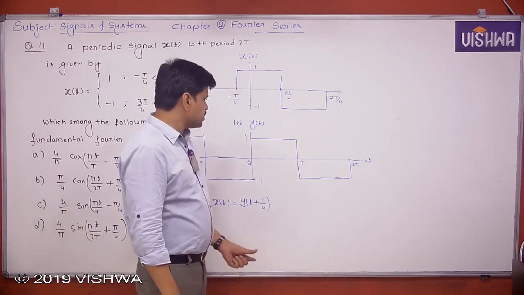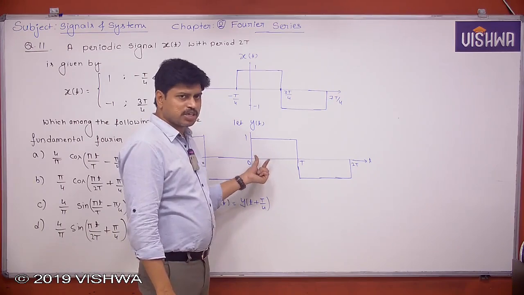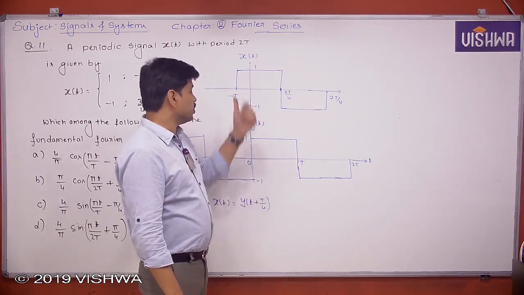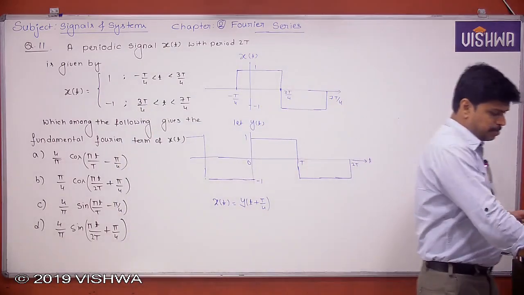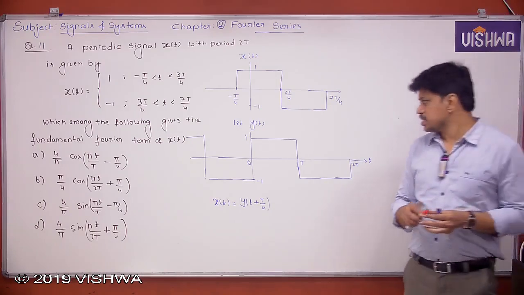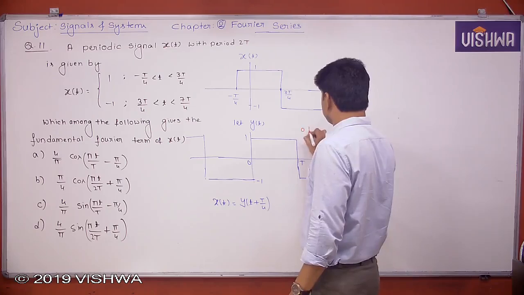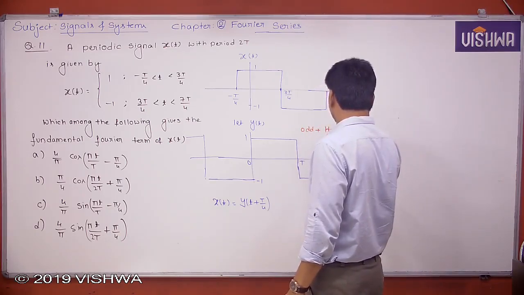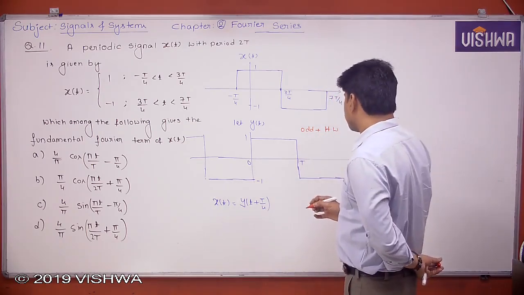Clear? Now let's say, for this, what is the fundamental harmonic component? If you know the fundamental harmonic component for y of t, if you advance by T by 4, we are going to get the x of t. Now, first you tell me, what is the symmetry present in y of t? It is odd plus half wave. If it is odd plus half wave, what kind of terms is it having?